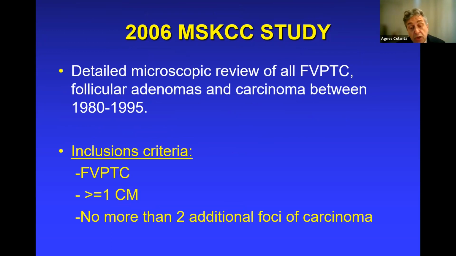We excluded tumors with a lot of sub-centimeter separate foci of papillary carcinoma, because how can you study the uninodular follicular variant if it's living with 10 or 15 microcarcinomas? We also excluded the sub-centimeter lesions because we know they do very well.